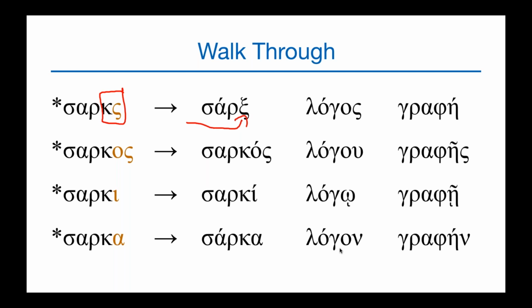Okay? The biggest issue is going to be related to the nominative form because this is the form that we normally memorize, the nominative form looks different than the other forms.